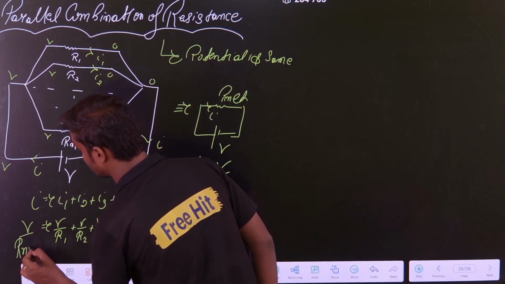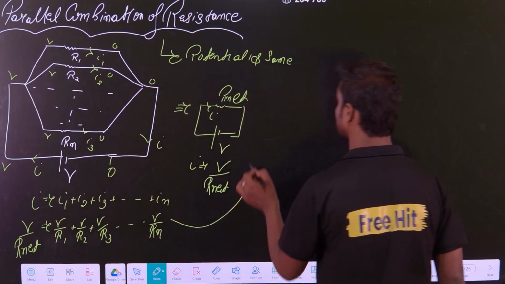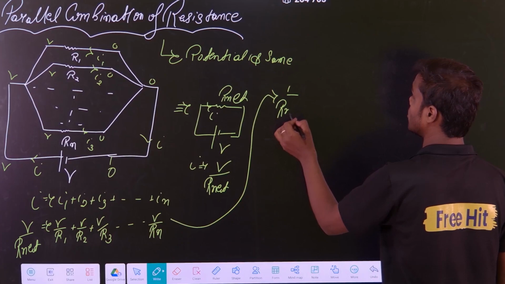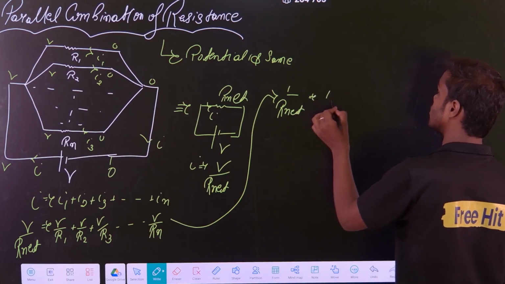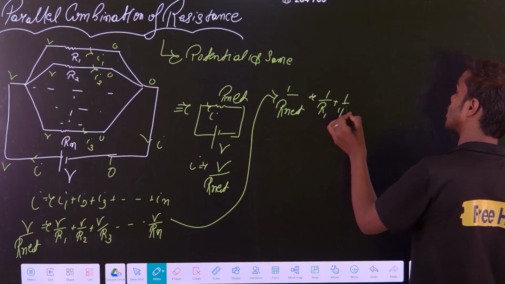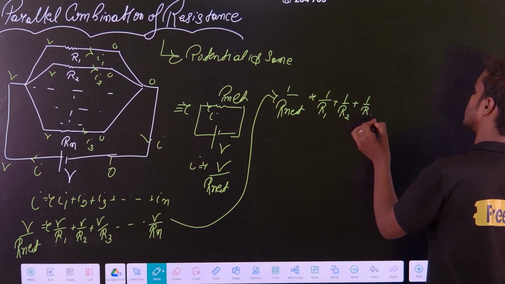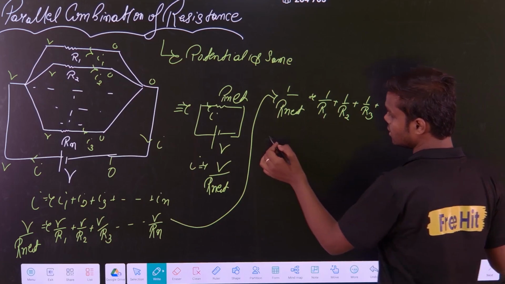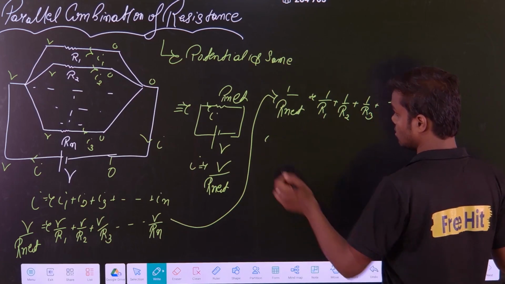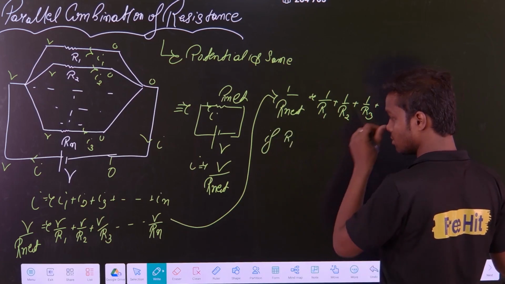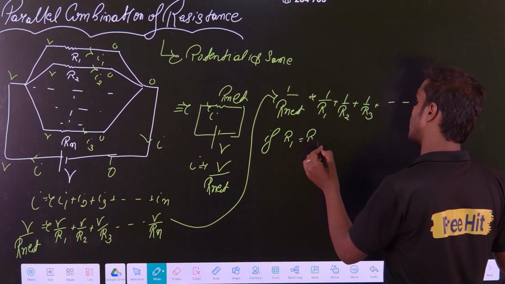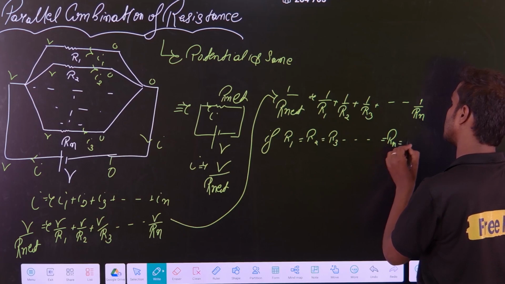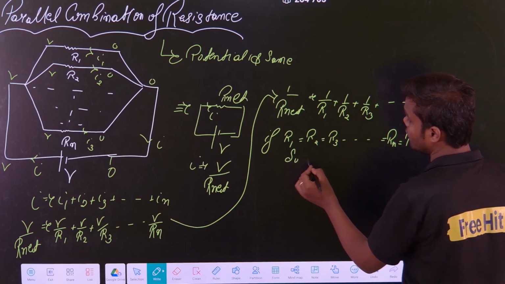So from here, what is the resistance you will get? 1 upon R net is equal to 1 upon R1 plus 1 upon R2 plus 1 upon R3 plus dot dot dot 1 upon Rn. Now if you see, if my R1 becomes equal to R2, equal to R3, like that, equal to Rn, and that is equal to R, so my R net will be how much?